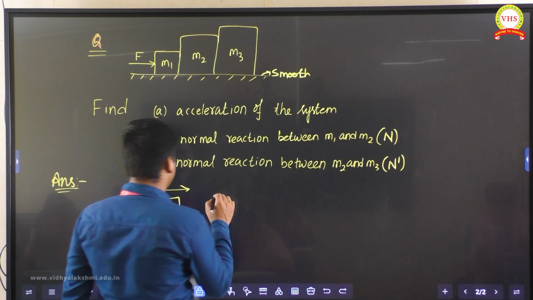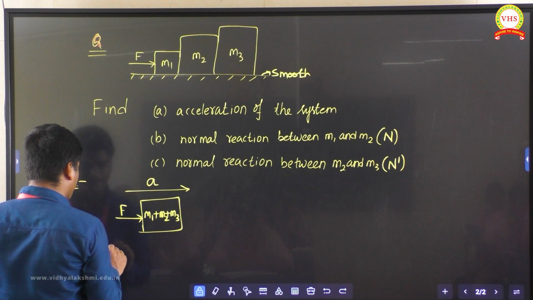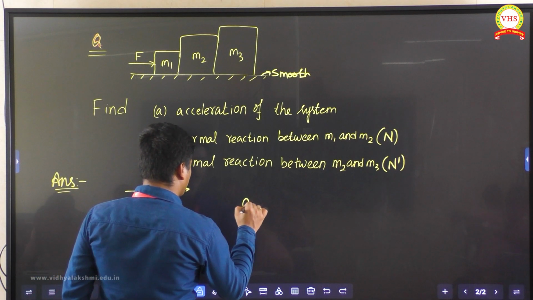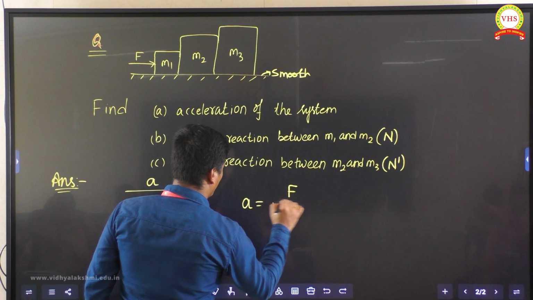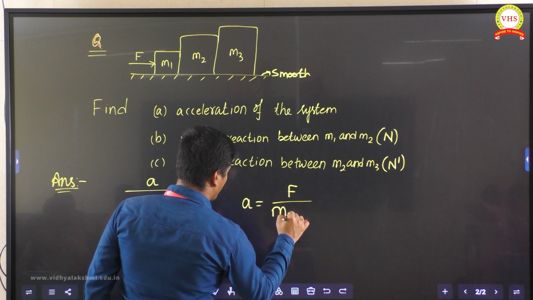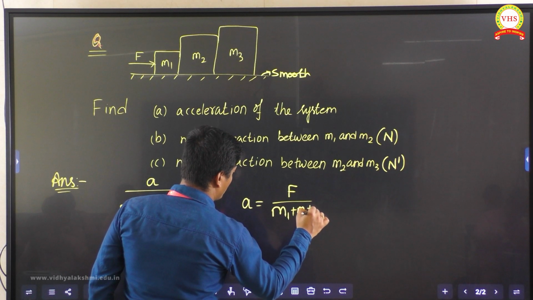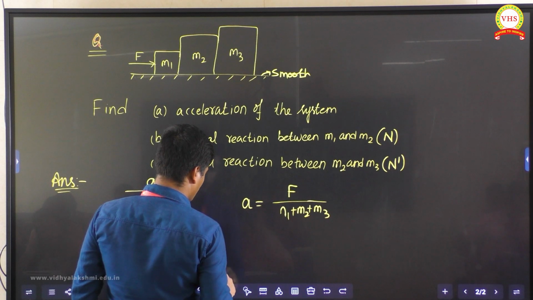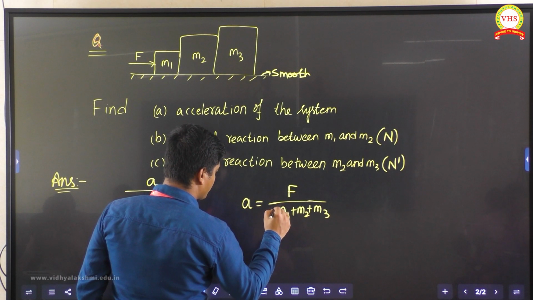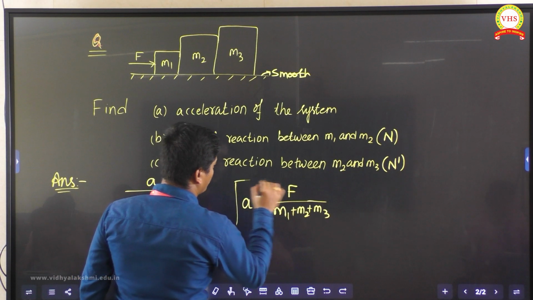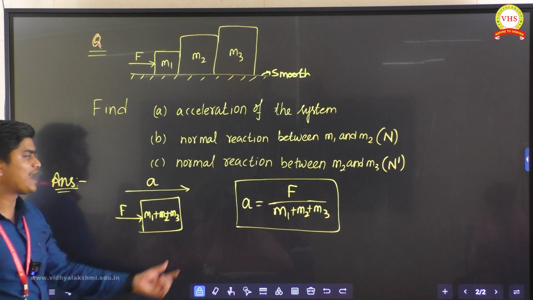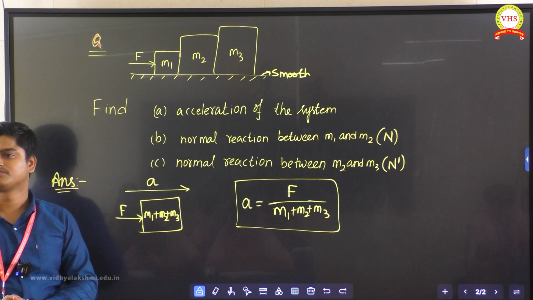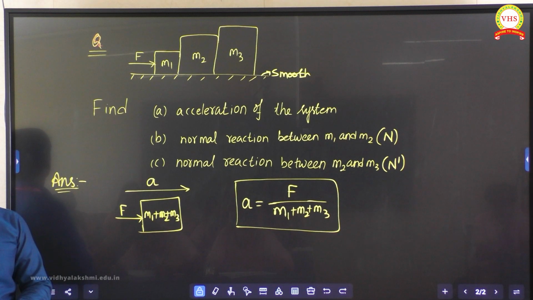Now here, if I write, what is the acceleration? Definitely it will be force divided by M1 plus M2 plus M3. So this is the acceleration of this block. Are you getting or not?